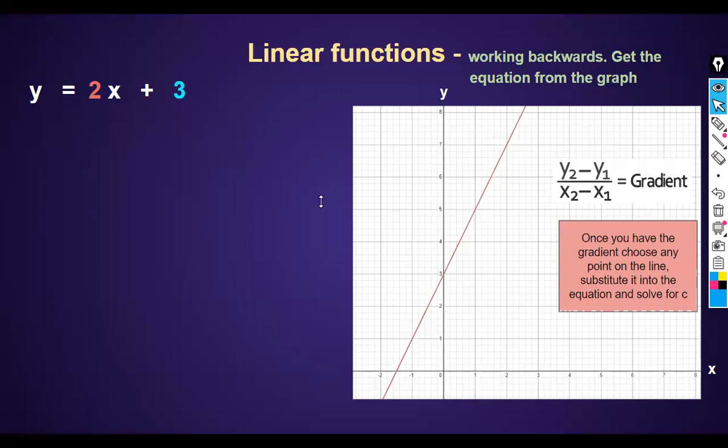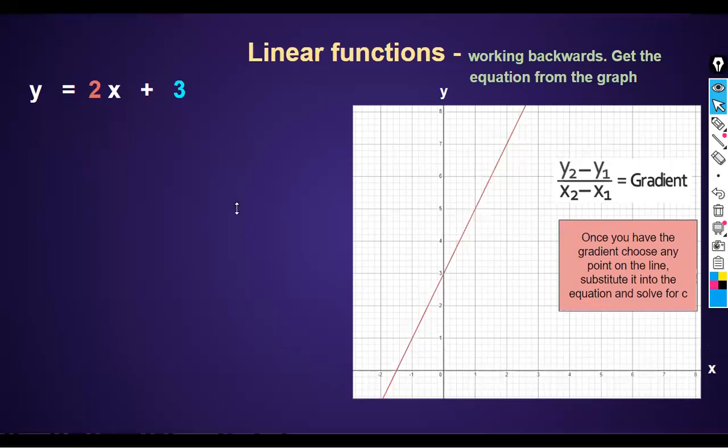All right, so here we're going to work this question backwards now. Remember at the beginning of the question, I gave you the equation of the line. And when I gave you the equation of the line, together we were able to draw the straight line.